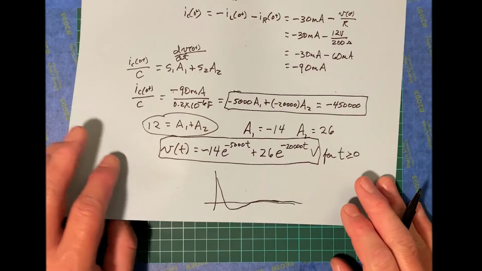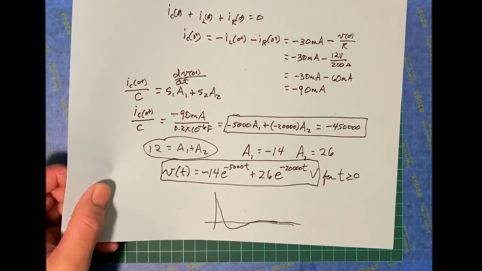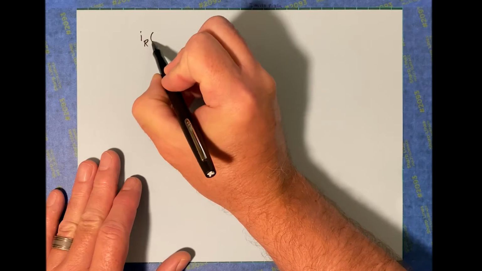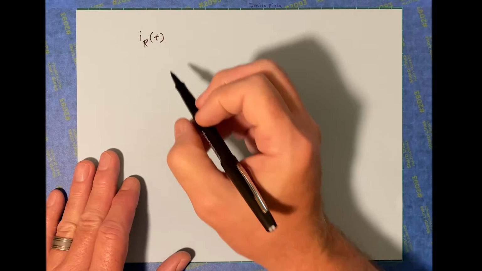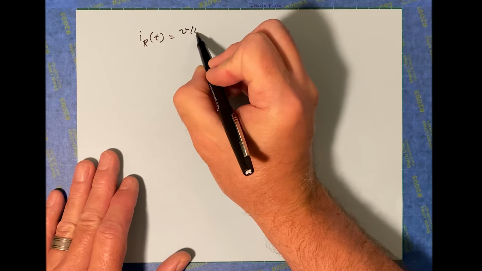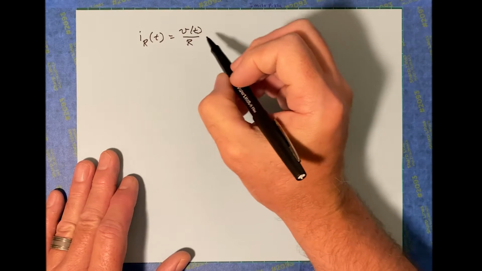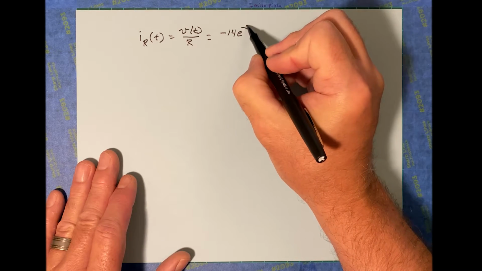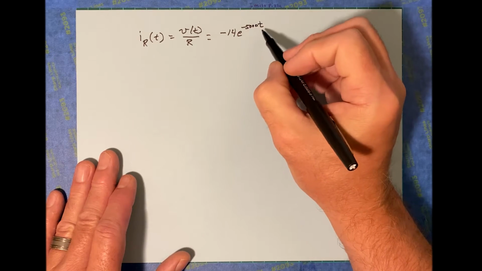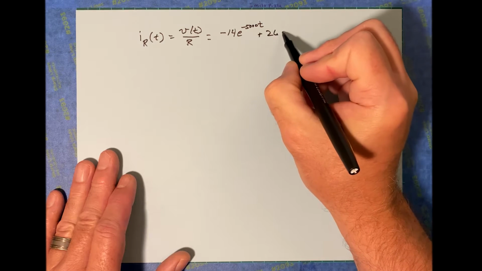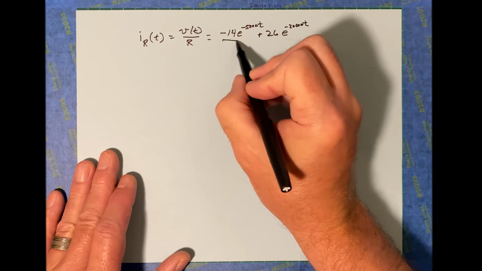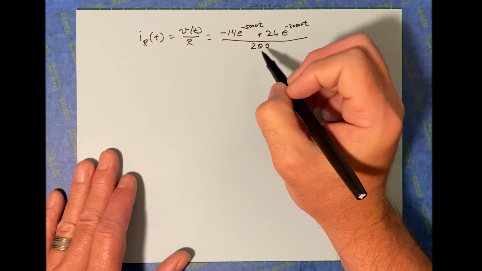Okay, now let's expand on this problem and say that we needed to figure out what I sub r as a function of time is. Well, you know that that's just going to be V of t divided by r, and V of t is minus 14 e to the minus 5,000 t plus 26 e to the minus 20,000 t, and that's divided by 200 ohms.